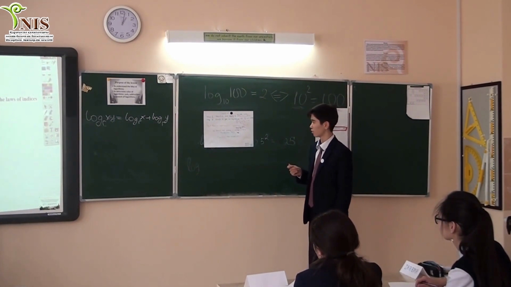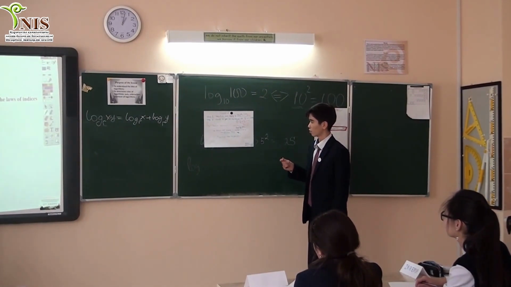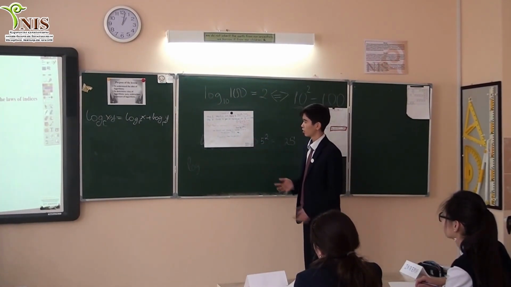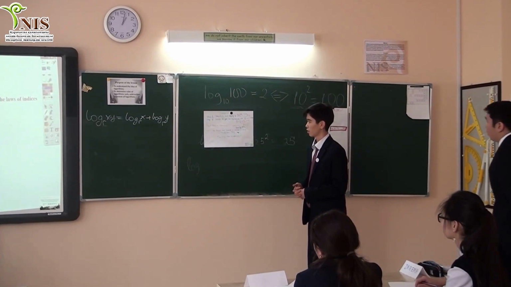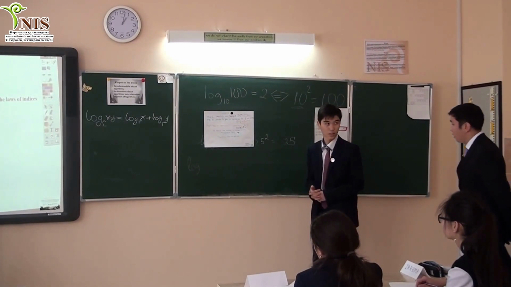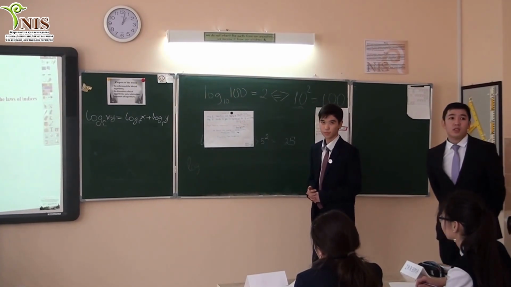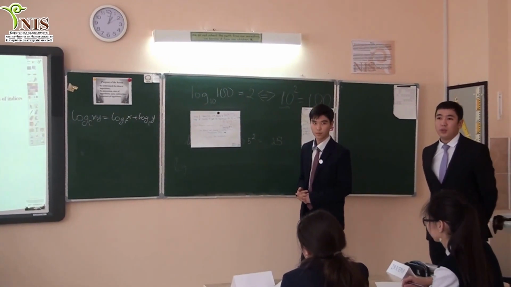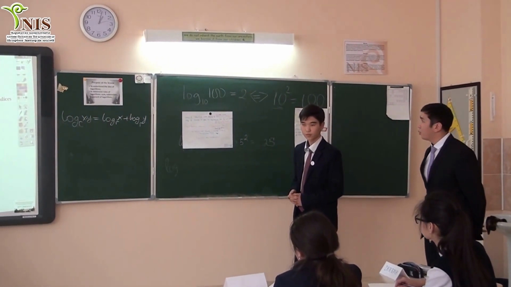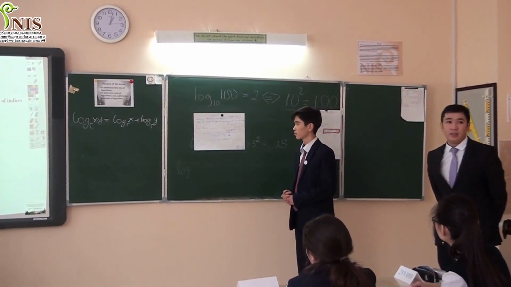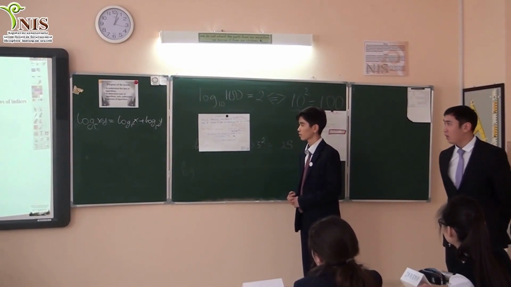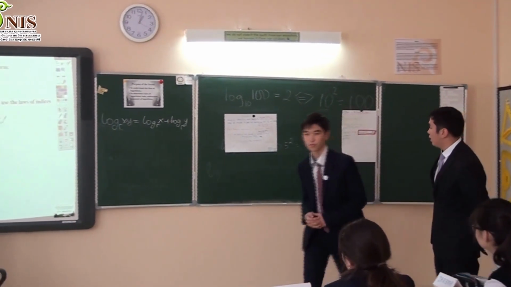Therefore we can write this property, the property of subtraction. Okay. Do you have any questions for this group? Is this proof clear? Yes. Okay. Thank you, Richard. Sit down, please.